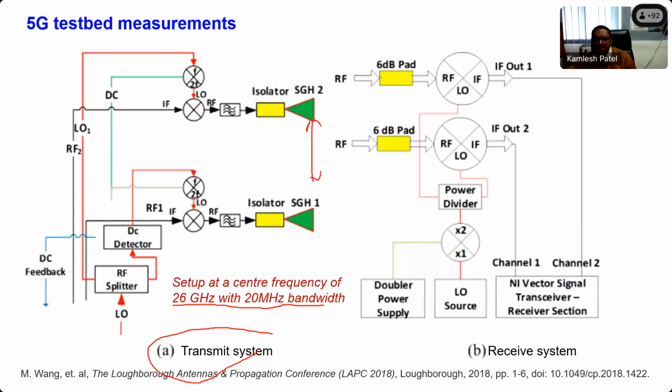On the receiver side, they're using the 6 dB pad, mixer, a power divider, doubler, power supply and LO source. The signals coming from two outputs, in phase as well as out of phase, are captured as channel 1 and channel 2 in a vector signal receiver. So this setup is working at 26 gigahertz.